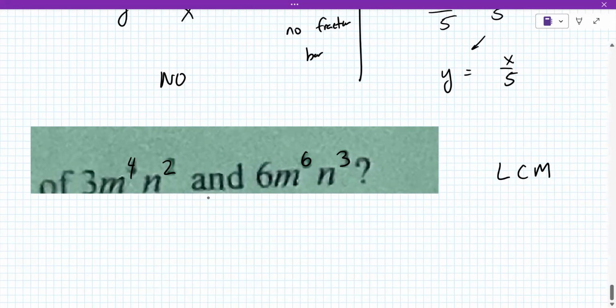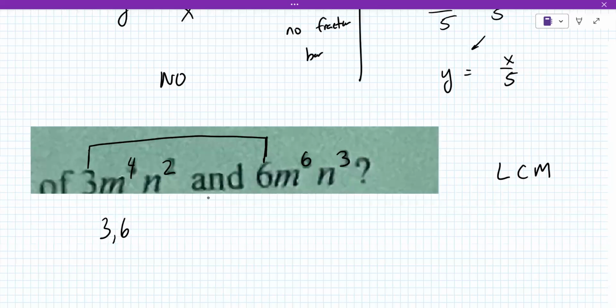So you look at the 3 and the 6, and you're looking for where the multiples intersect, like if you go up from 3: 3, 6, 9, and so on, 6, 12, etc. The least means you have to go up, you have to get larger.